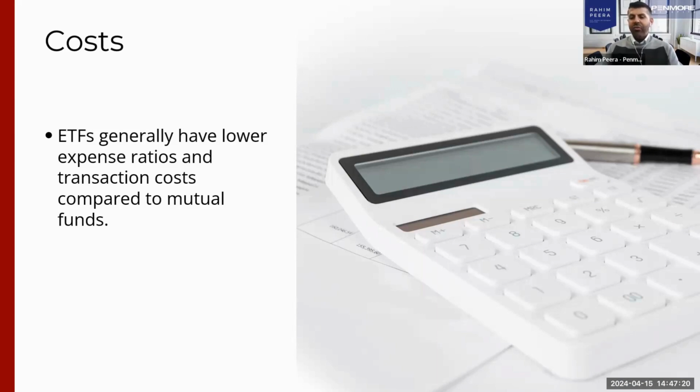Traditionally, though, ETFs tend to have a slightly lower cost than mutual funds. Again, it depends on whether you're comparing an index mutual fund to an index or passive ETF, or an active equivalent. However, on the whole, ETFs do tend to have a lower expense ratio, as we would call it in the business.